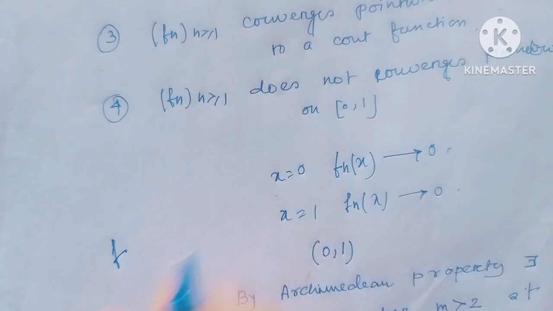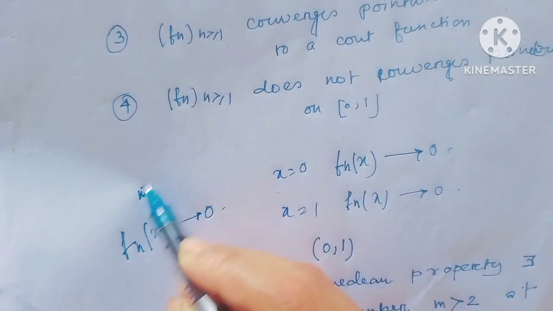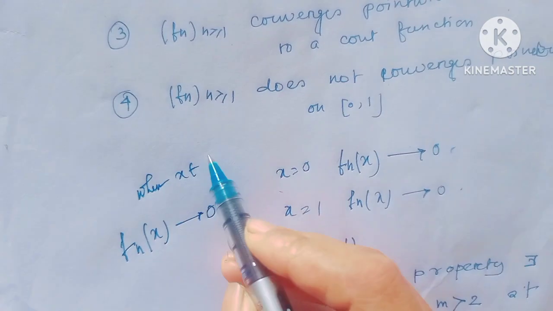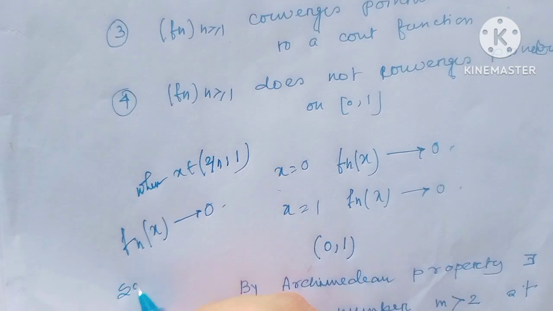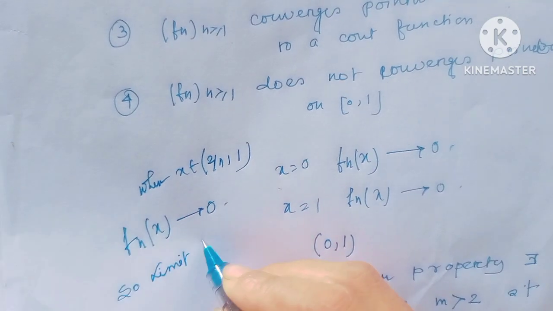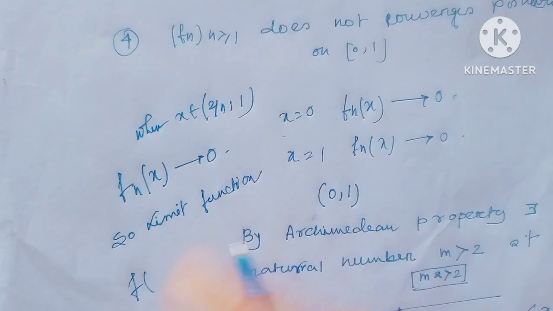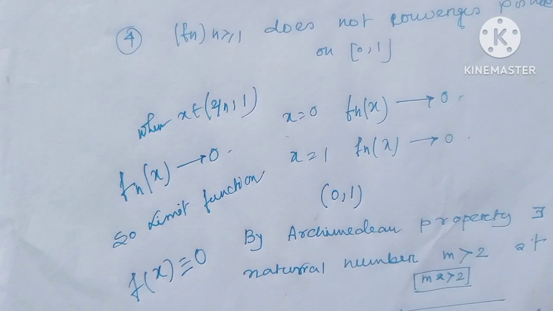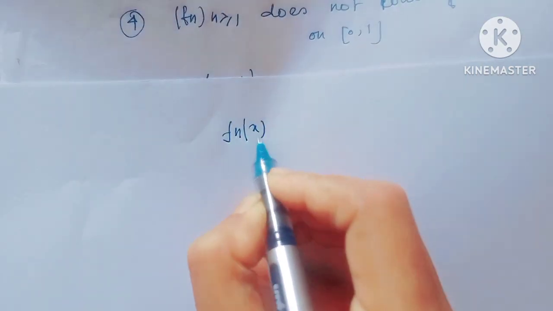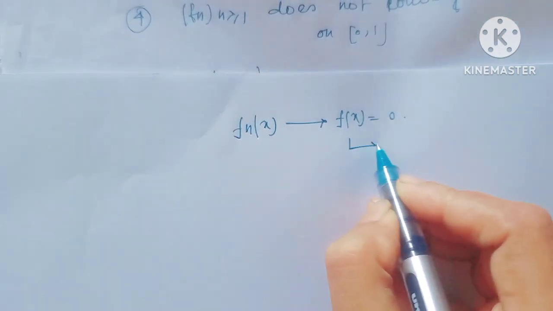So the limit function f(x) is eventually 0. That means fn(x) converges to f(x) equal to 0 pointwise.